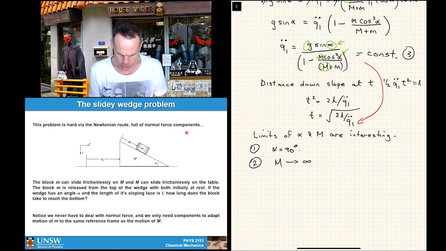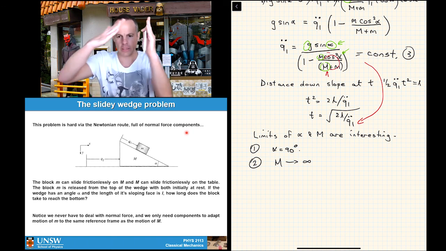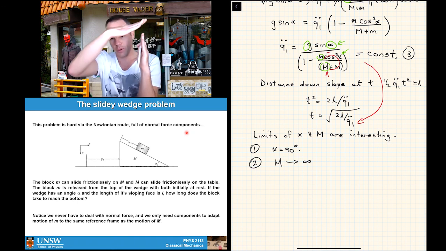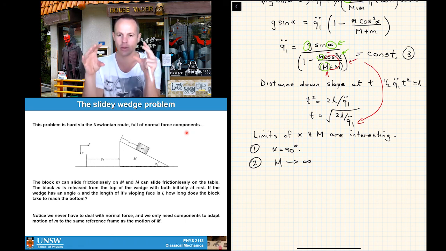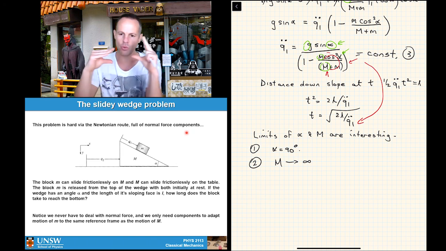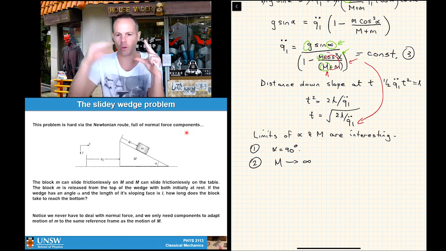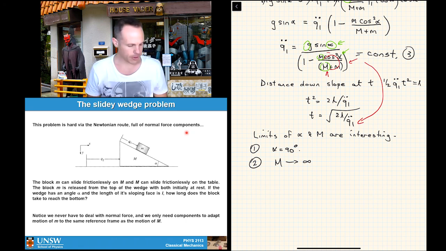So if big M in here goes to infinity, then this term here goes to 0, and our q1 becomes g sine alpha, which is basically just if we had a fixed block and a block sliding down it, what would be the acceleration, okay? And so you can see that this term in the bottom here exists entirely to account for the fact that the block big M, or the wedge, is able to move, right? It's a compensating factor on little m in this problem, okay? So it's kind of nice.